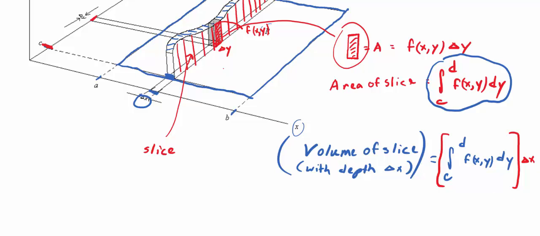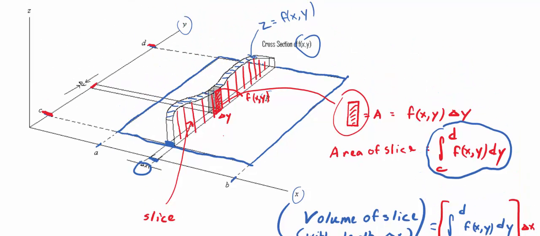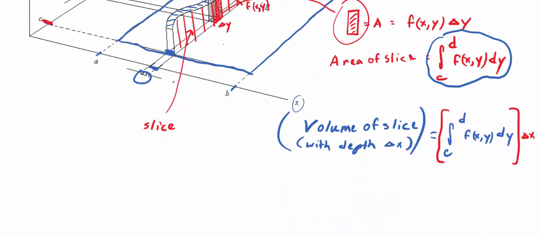And now imagine summing all such slices, where the slices become skinnier and skinnier, right? And the number of slices goes to infinity. Then wouldn't that represent the volume underneath the entire function and above the region in the xy plane?